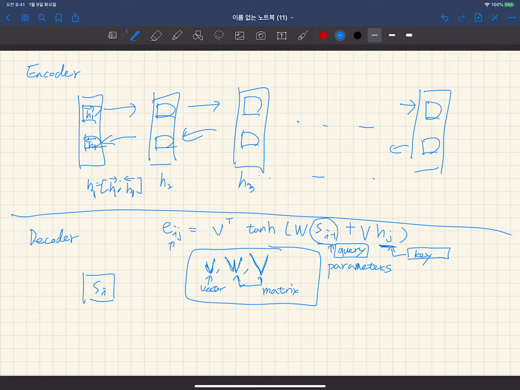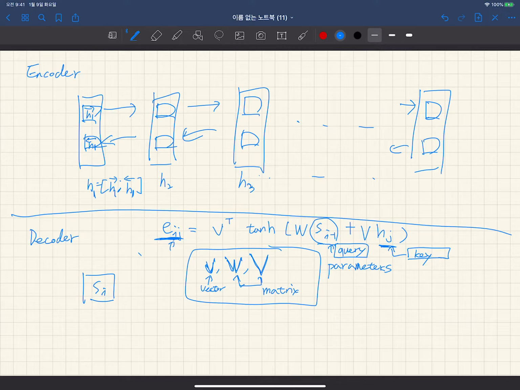So using this query and key information, we can measure similarity between position i of the output and input position j. So Eij indicates the similarity between the input position j and the output position i.